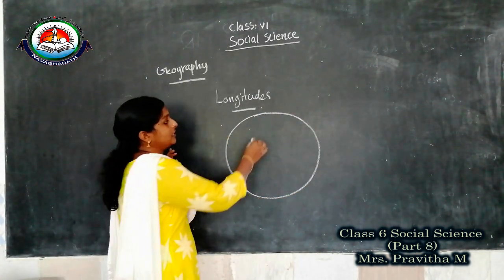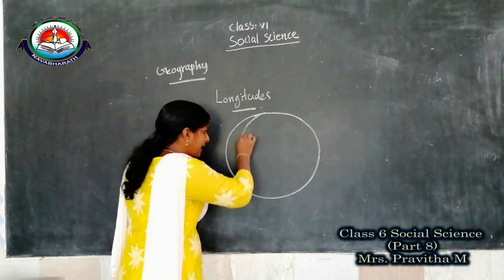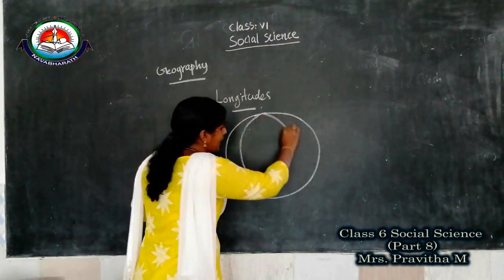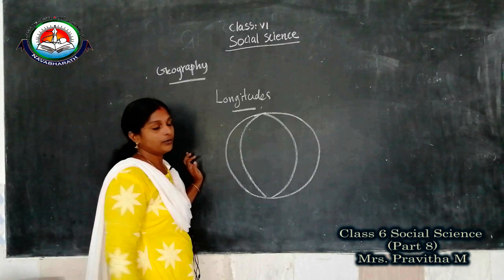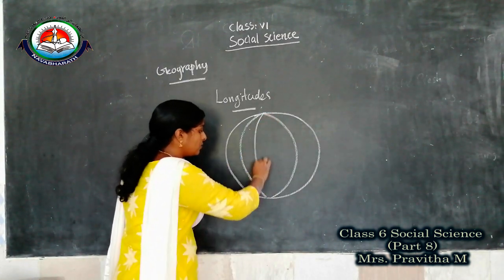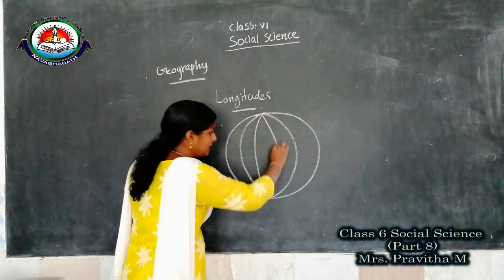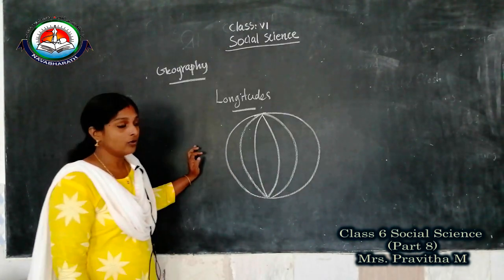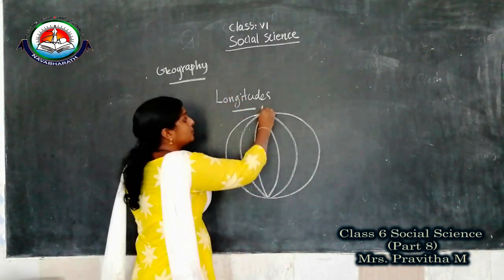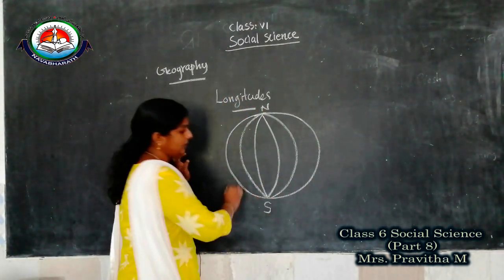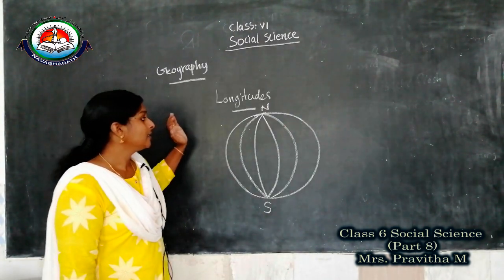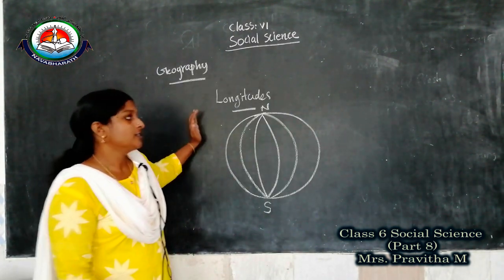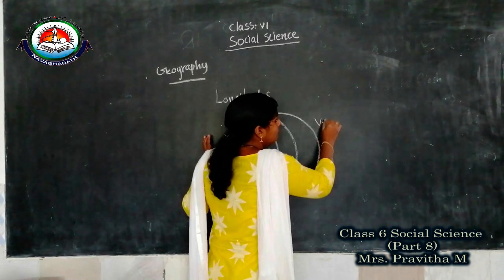Longitude is the vertical lines, the imaginary lines, drawn on the globe that connect the North Pole and the South Pole. So what is longitude, children?